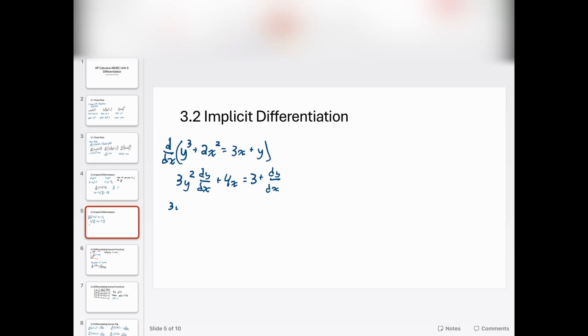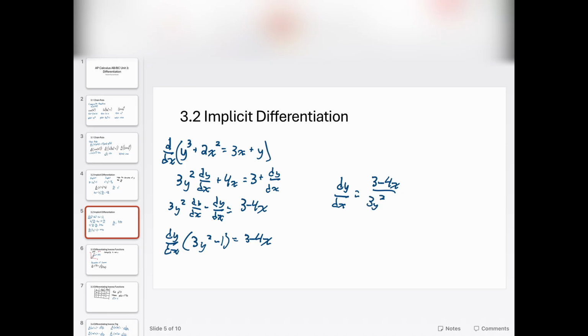So you get 3y squared dy dx minus dy dx, and you move this 4x to the other side, so you get 3 minus 4x. Now you have a common factor of dy dx, which you can take out, so you get dy dx times 3y squared minus 1 is equal to 3 minus 4x. Then you can solve for it, so dy dx is equal to 3 minus 4x over 3y squared minus 1.